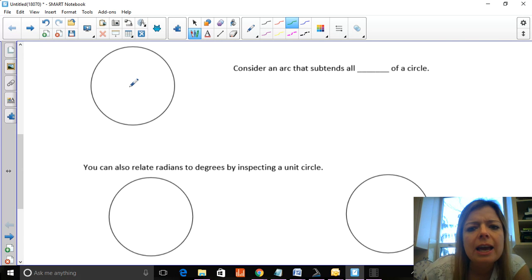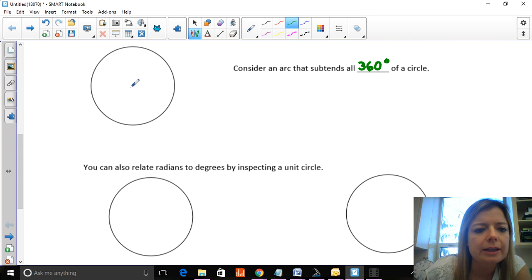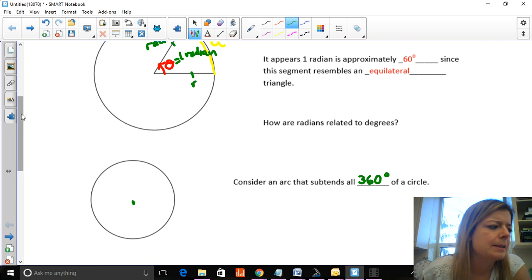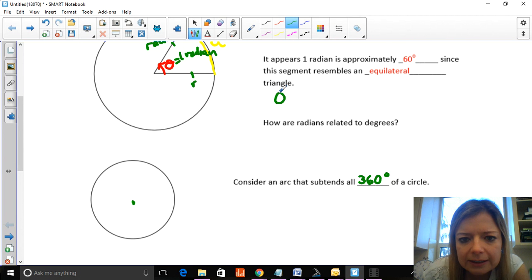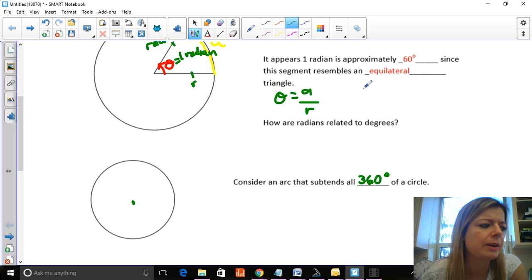So imagine that we have an arc that subtends all 360 degrees of a circle. Oh, I forgot a section up here. Theta is equal to the ratio of the arc length divided by the radius, okay?